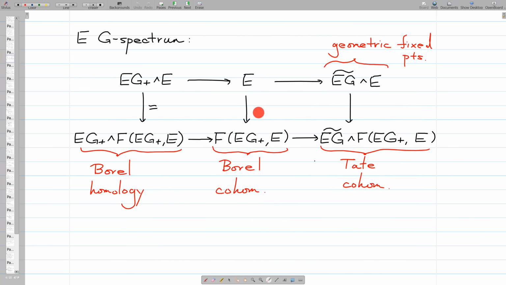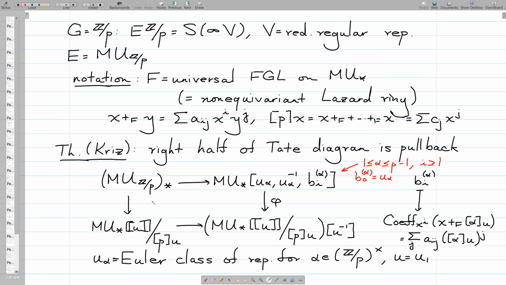It turns out that's the Greenlees and May completion theorem that I mentioned earlier: this downward map should be a completion at basically all the Euler classes. But as it turns out, all you need to do is complete at the Euler class which I'll just call U, it means U_1, where alpha is 1.